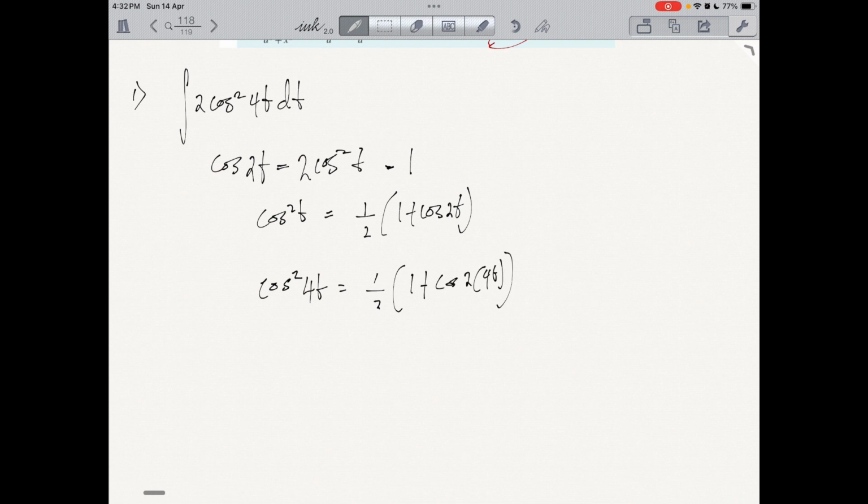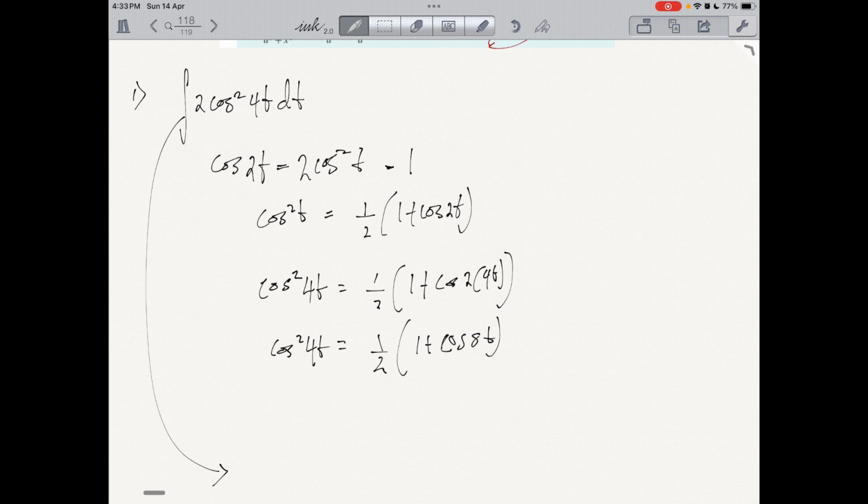And simplifying this, we will have 1 over 2 into 1 plus cos 8t. Therefore, we can rewrite this question now in terms of cos 8t, so that wherever we see cos square 4t, we will substitute 1 over 2 into 1 plus cos 8t.